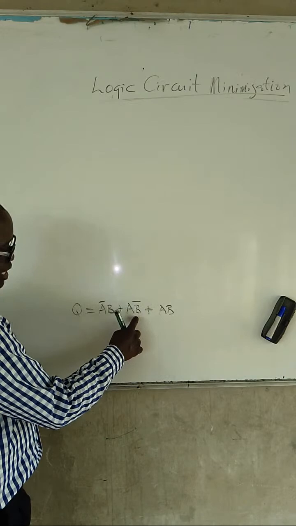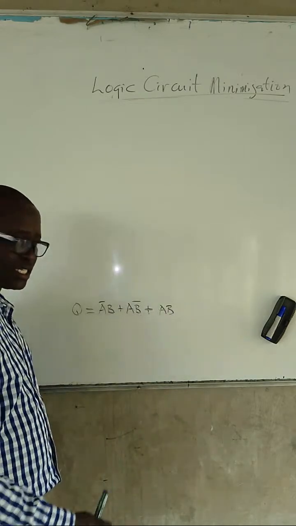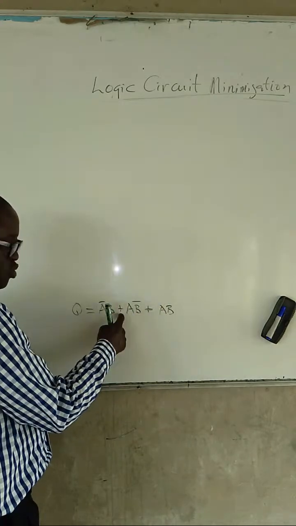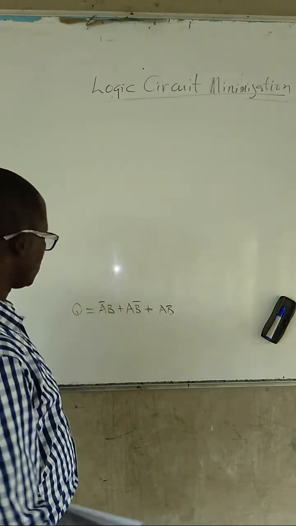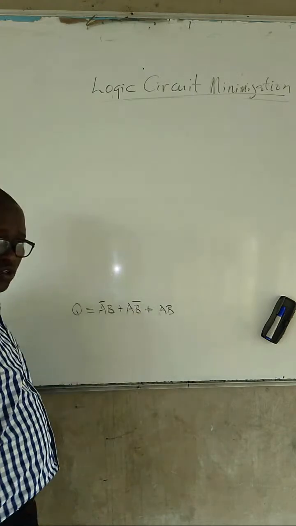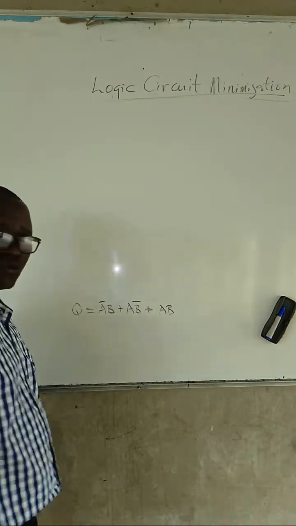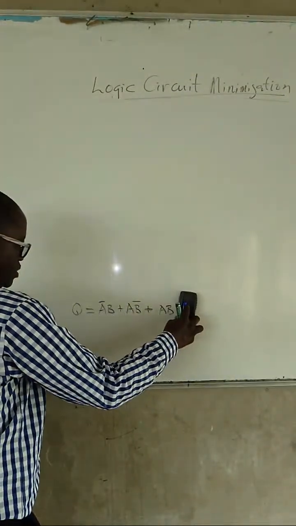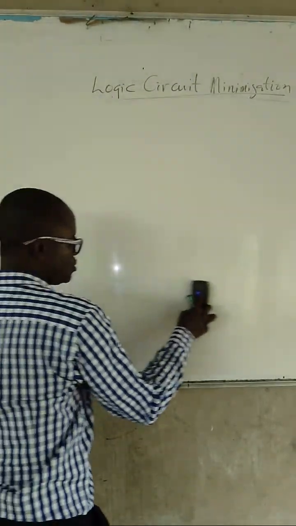A B bar, that's another AND gate. A B, that's another AND gate. It's a product of these 2 inputs. So that is an AND gate. And there is a sum between them, that is OR. So what we have here is called sum of products. We can actually convert it to product of sums, which we are going to see very soon.